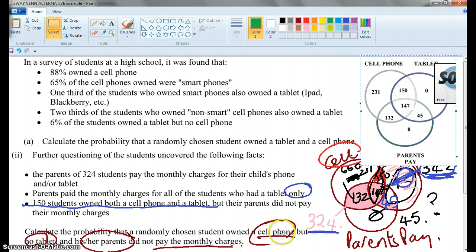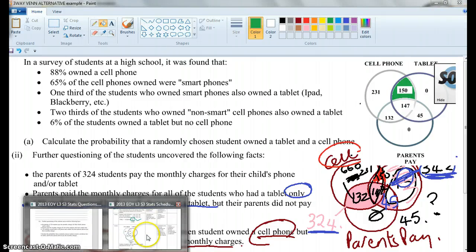Now what's the question? Calculate the probability that chosen at random a student owned a cell phone but no tablet, and the parents did not pay. Whoops, sorry. A cell phone and a tablet, and the parents did not pay. That's the 150.